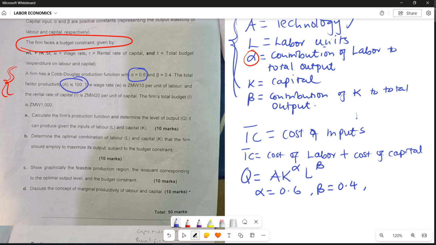So the A, which is the factor productivity or technology, is fixed at 100. So our A is 100. Yeah? Great. And then we are also being told that the wage rate is 10 kwacha per unit of labor. So the wage rate, W, is 10 kwacha per unit of labor.